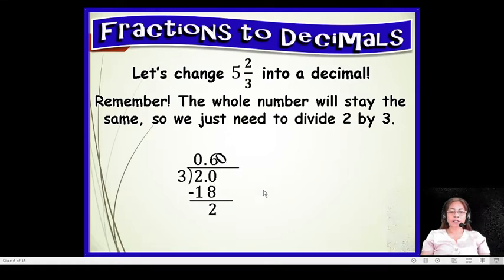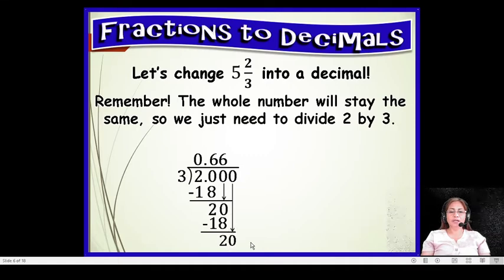Then, add 0 and bring it down. 20 divided by 3 again equals 6. 6 times 3 equals 18. 20 minus 18 equals 2. Add again 0.